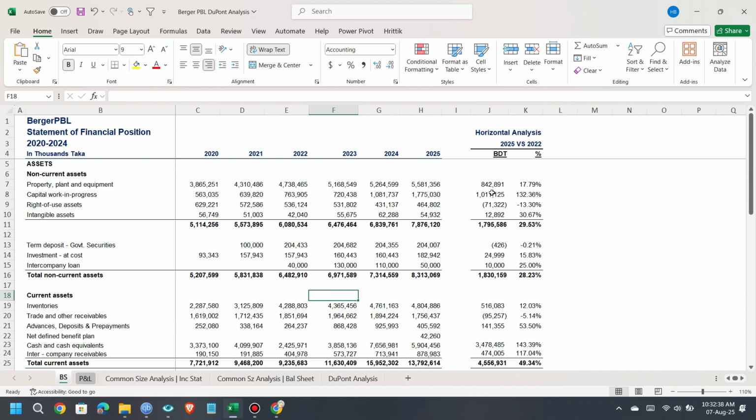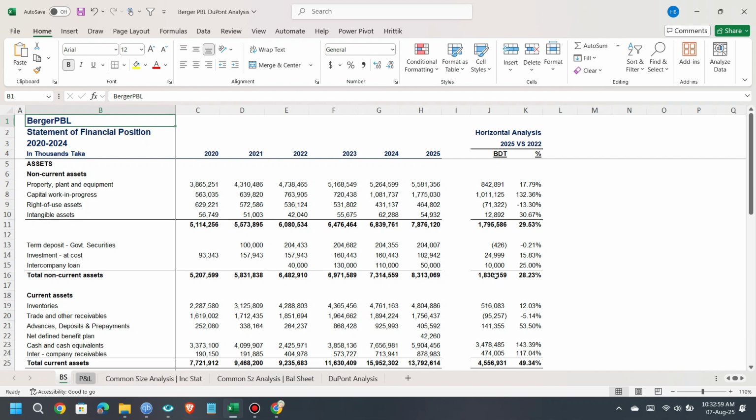In balance sheet horizontal analysis, the rule is same. You will have to take a base year. I took 2022 as my base year and 2025 as current year. I calculated the total non-current assets from 2022 to 2025.